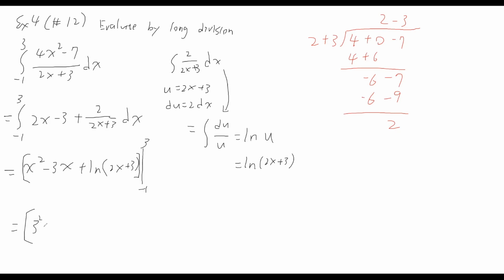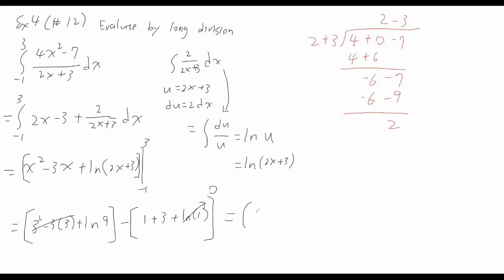3 squared minus 3 times 3 plus ln of 6 plus 3, that's 9, minus -1 squared is 1, plus 3 plus ln of 1, right, which is 0. All right, so clean this up a little bit. We get 9 minus 9, that's gone.